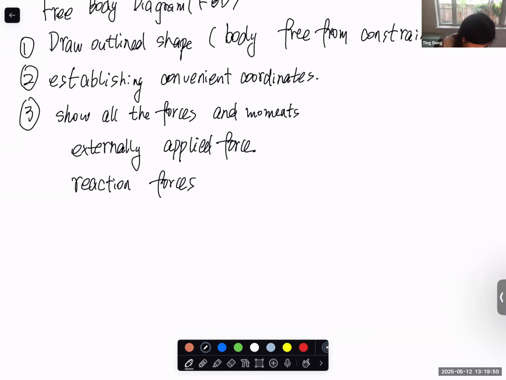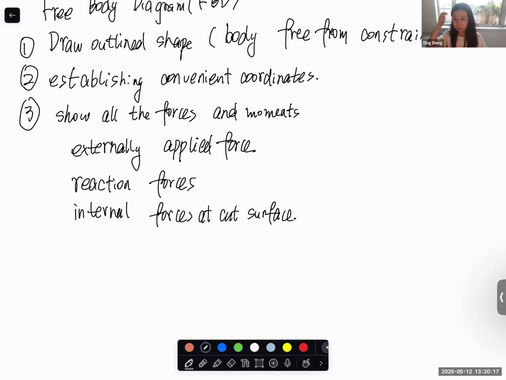The next one is the internal force at the cut surface. Again, let's always use this simple example.